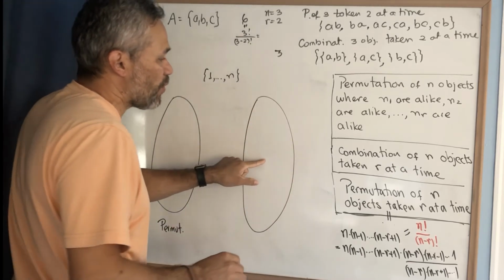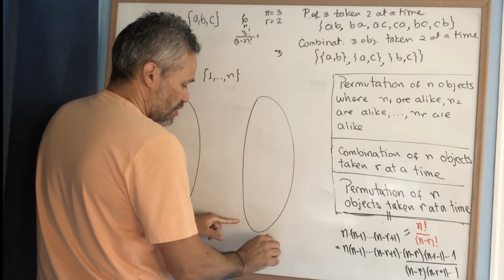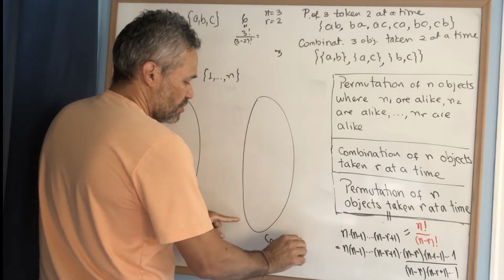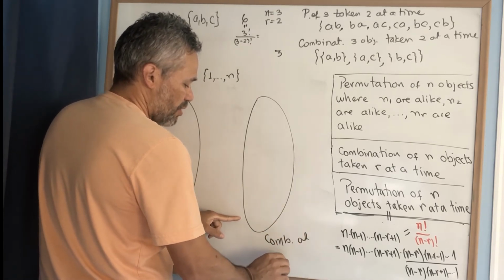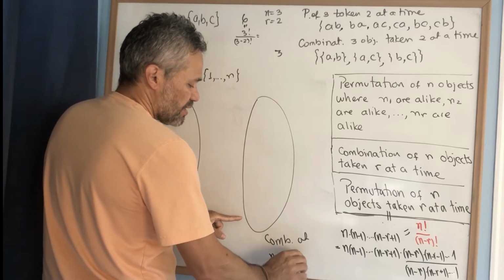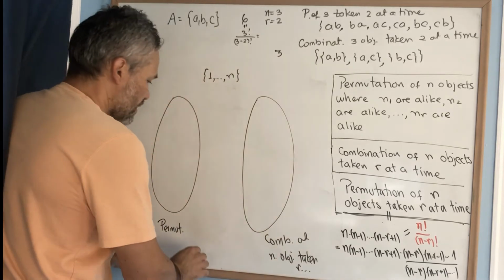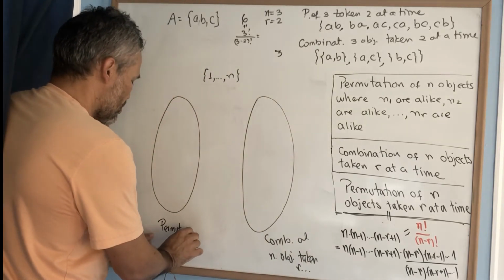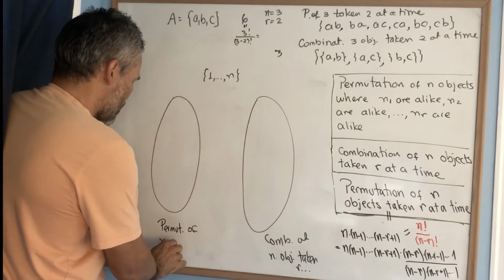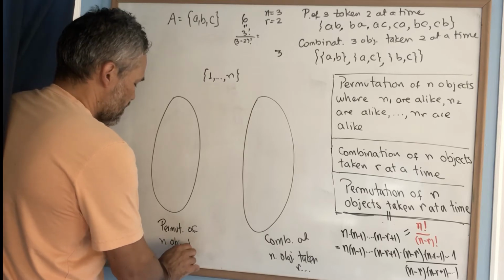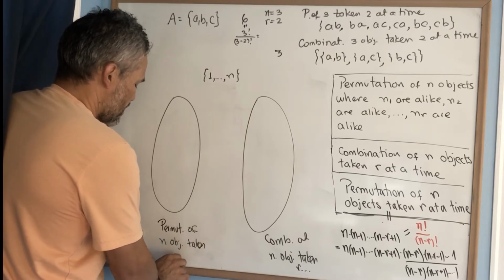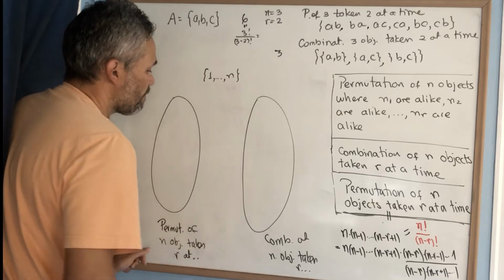This is the number that we want to count: combinations of m objects taking r at a time, and here are the permutations of m objects taking r at a time.